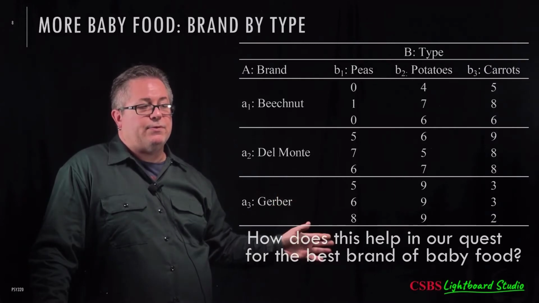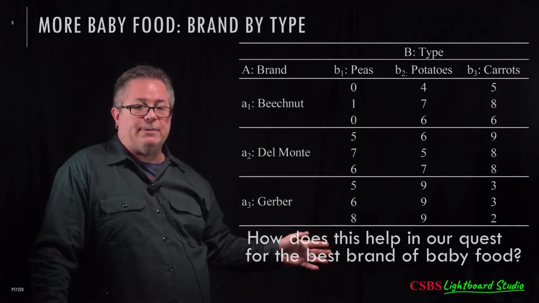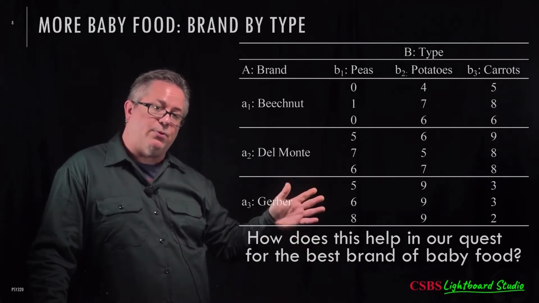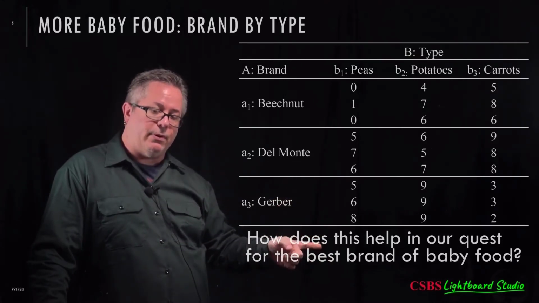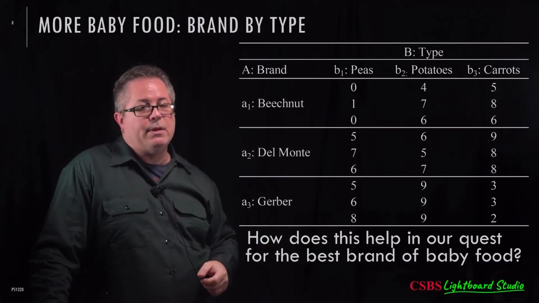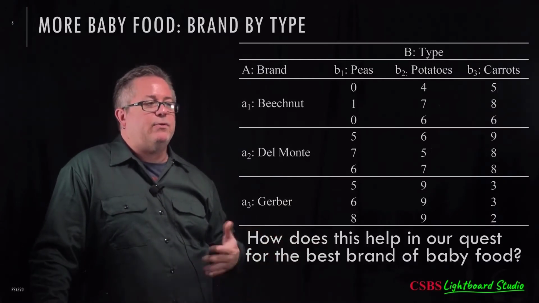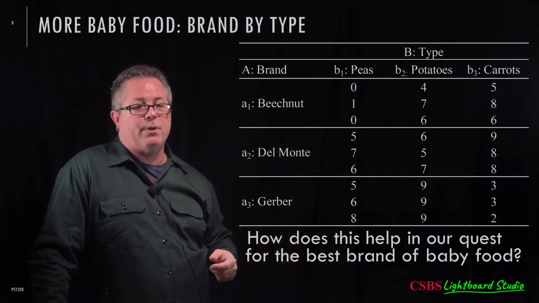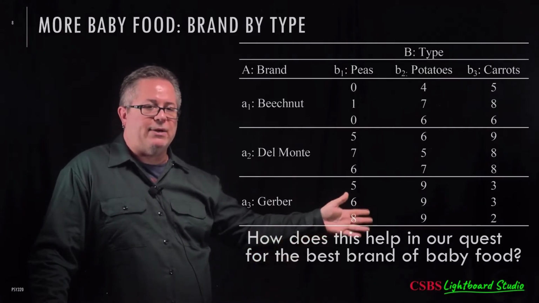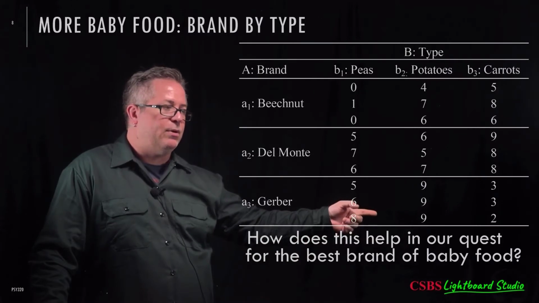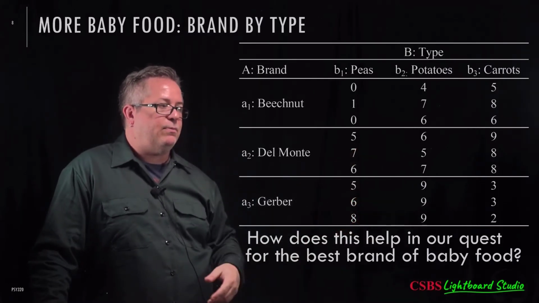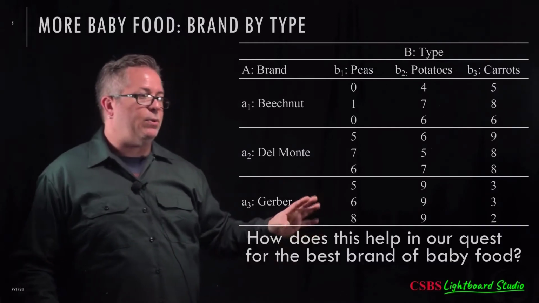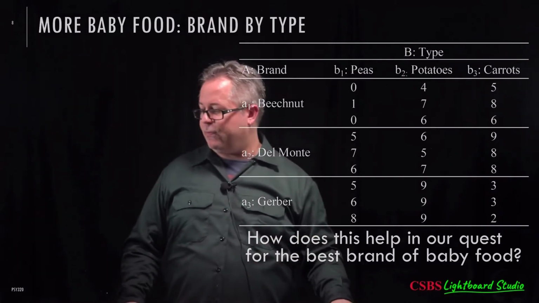So it helps us to figure out if there is a dependency, or if effects that we found, like the one-ways, generalize across multiple types of food. So it's very helpful. If I'm the brand manager for one of these companies, or a market researcher, these might be the kinds of things I'm trying to figure out. What is it about the potatoes that makes Gerber that much better, or what does Del Monte do differently about their carrots? I may want to know what's going on and why you're getting different patterns depending on the type of food being used.